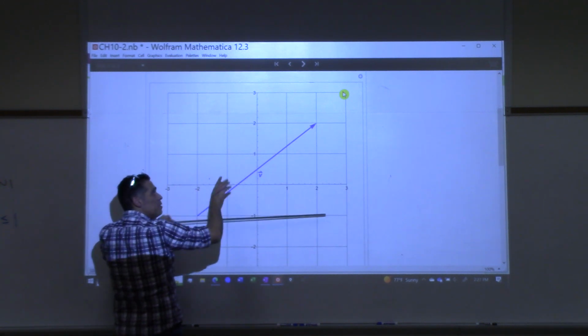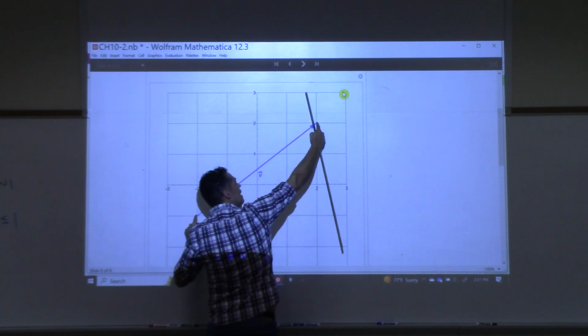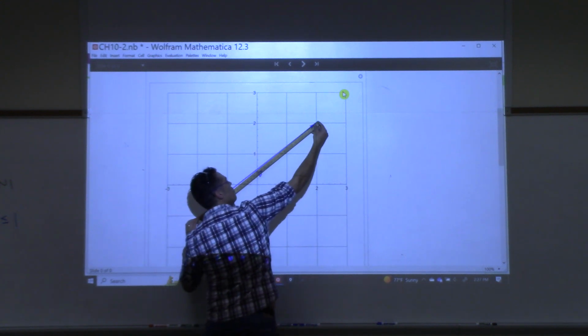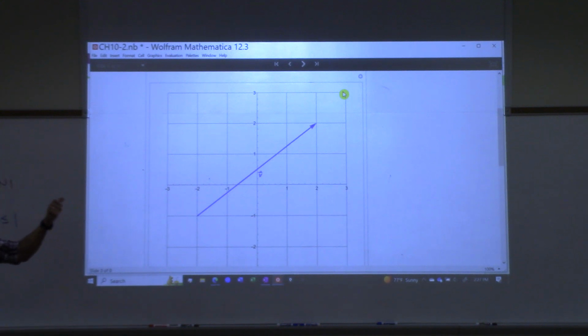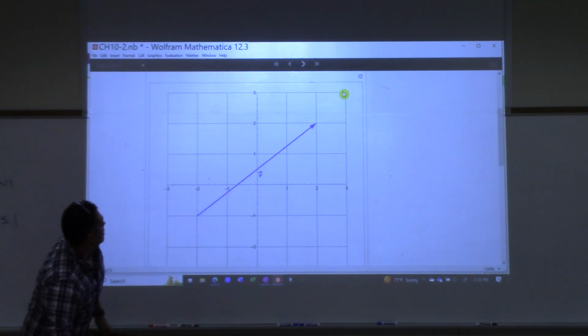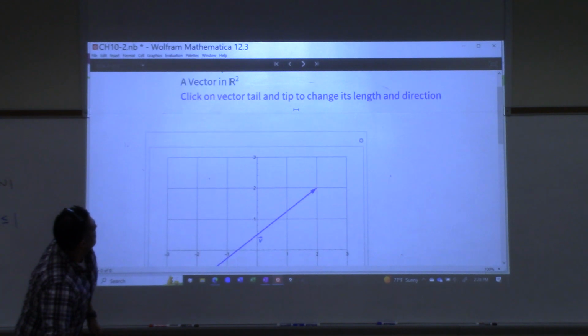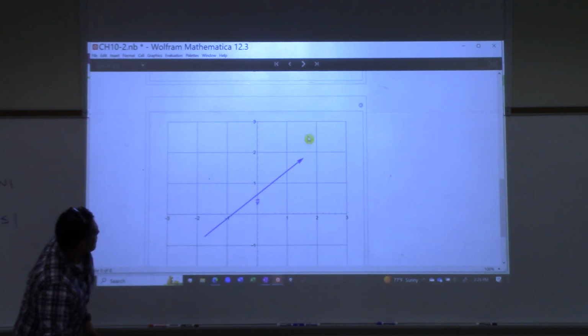So whatever that angle is would be the direction. Then if we measure the length from here to here, that would be the length. So that's a vector. It's got a length, it's got a direction. Now, vectors can be pointed in any direction. Change the direction, change the length.